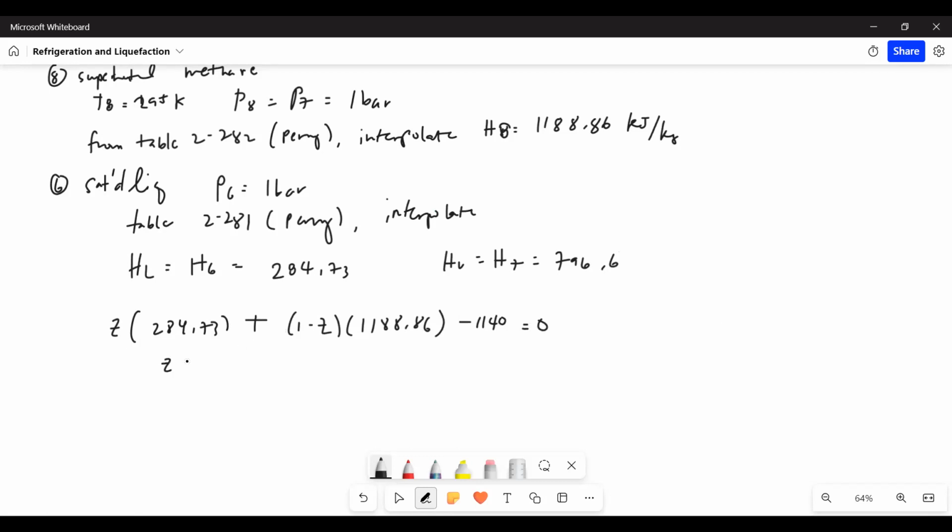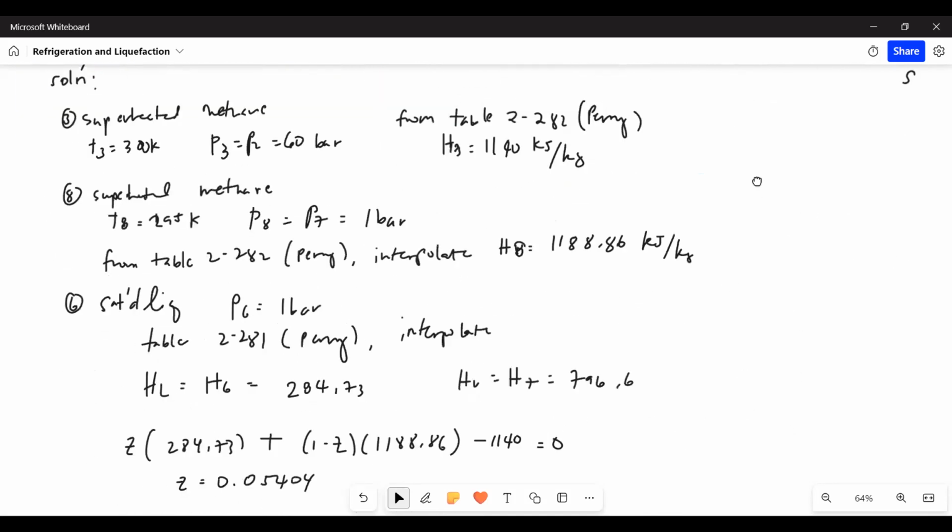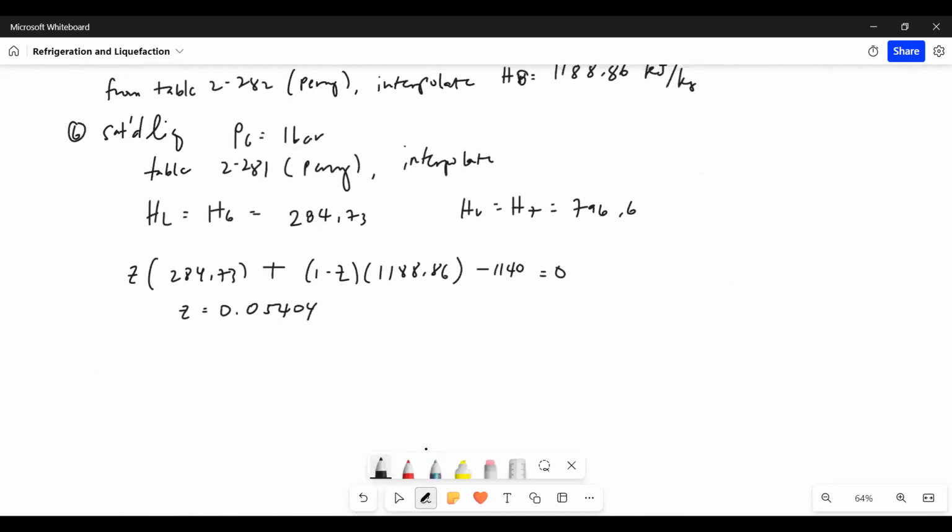Z is 0.05404. So this is the fraction of liquefied gas, or liquefied methane. So that is for letter A.